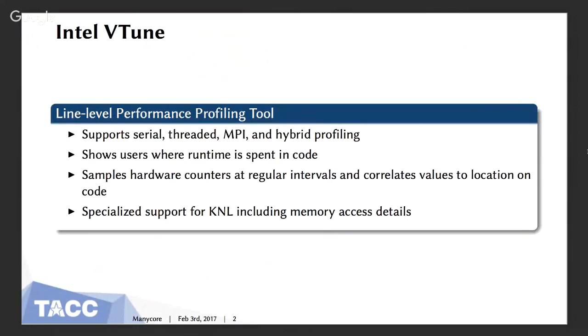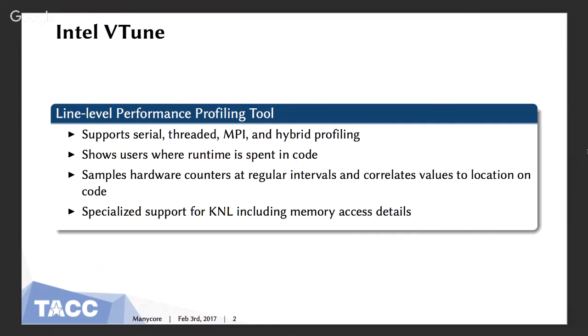So I'll start with Intel vTune. It's basically like a classic line-level performance profiling tool. It's just capable of doing a whole lot of things. It supports serial, threaded code, MPI code, and hybrid profiling.